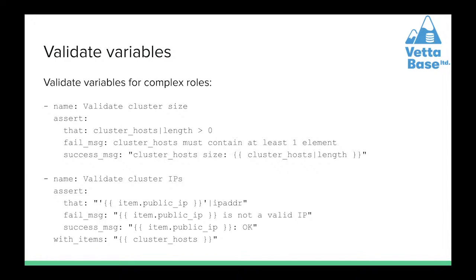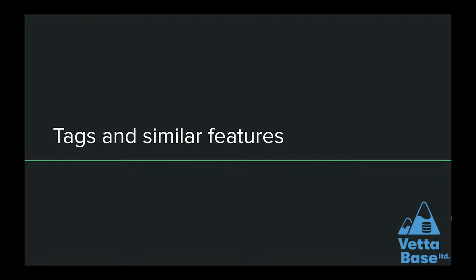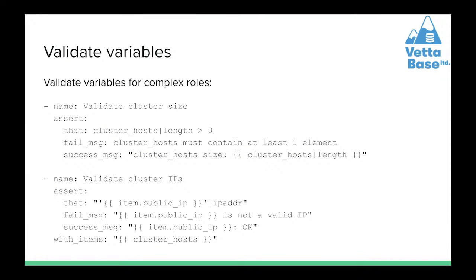This is very useful because if something fails validation, I should know why it is happening. This will help me to debug a role or to debug the variables I modified in a group or in a host. And then we can optionally have a success message. It can be useful or not. One more word. Why is it important to validate variables?